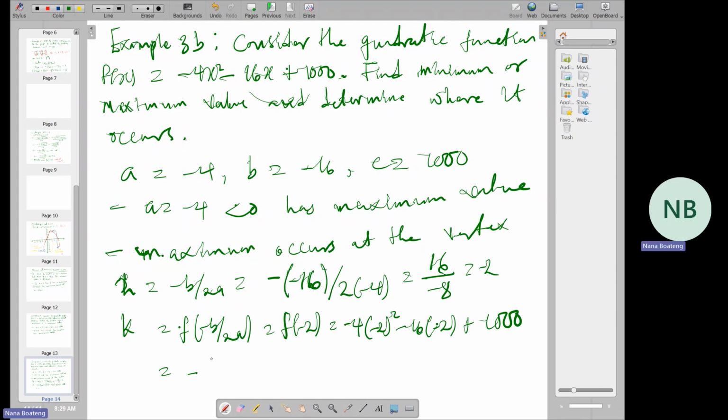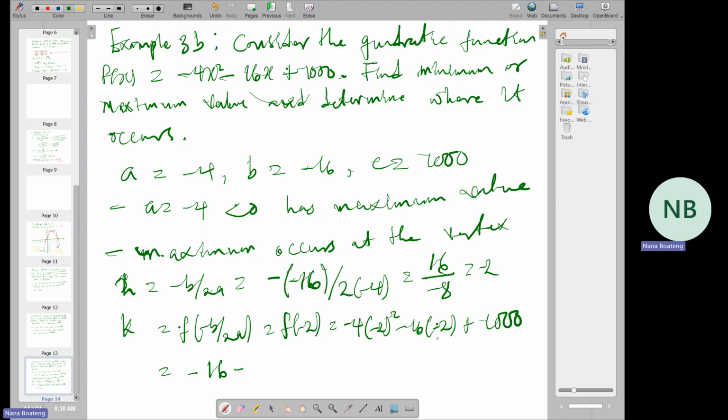So this gives us the maximum occurs at x is equal to negative 2. Negative 2 squared is positive 4, times negative 4 is negative 16.